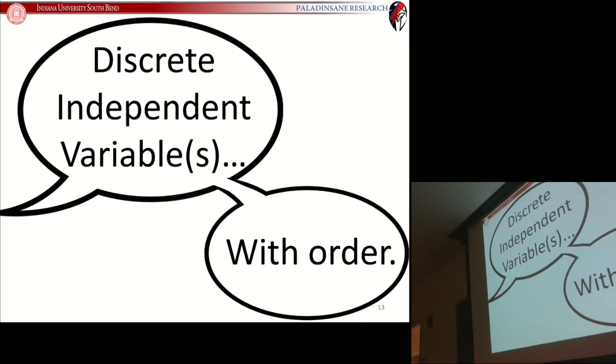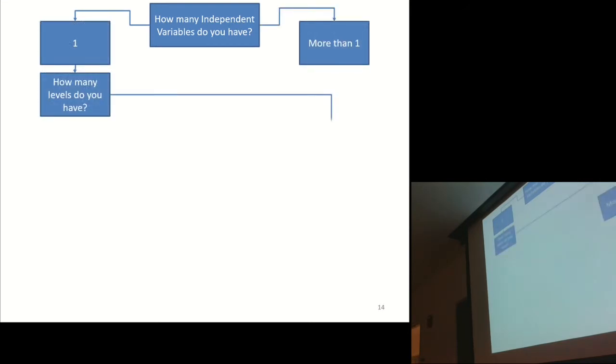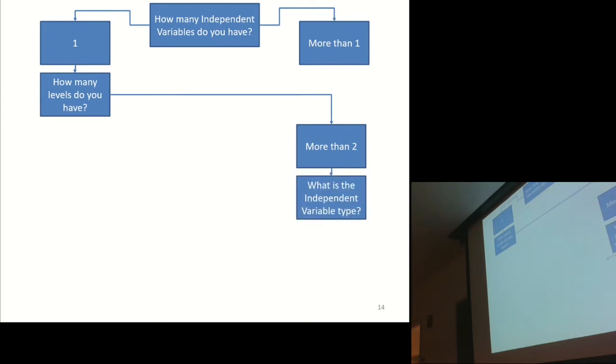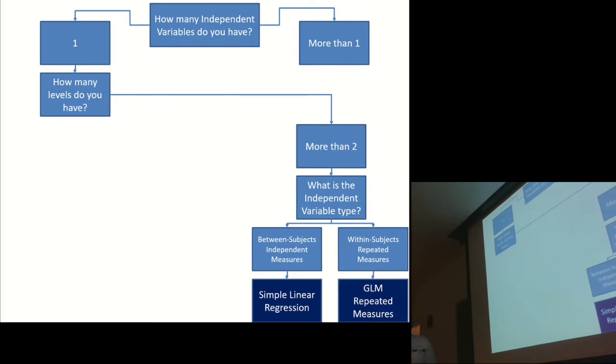Well, in that case, I'll go through this a little quicker than last time, you can do a regression. Regressions can also be done with discrete variables as long as they have an order. That is basically the requirement for you to use a regression. It has to have some sort of order.